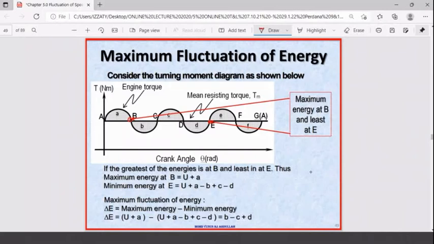So you have E max minus E min, which we call delta E. What is delta E? You learn this in your statics and dynamics. If you have E max and E min, you have delta E equal to E2 minus E1, is it?